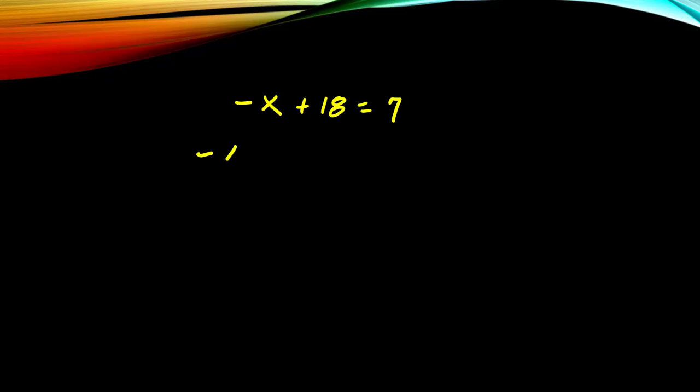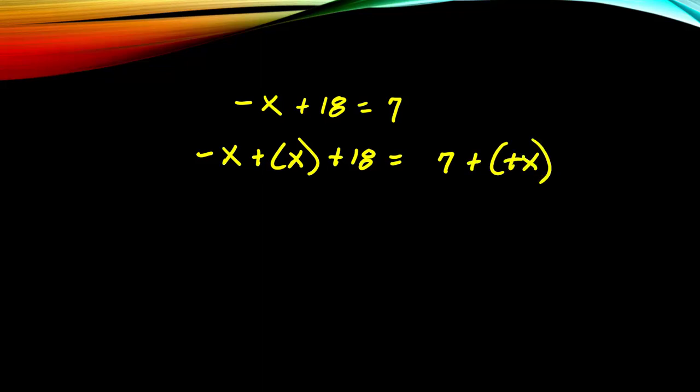So we have negative x, add the opposite, plus 18 equals 7 plus a positive x. You'll recognize this as the additive inverse. It works with letters, it works with numbers. That's going to be 0 plus 18 equals 7. Add x.